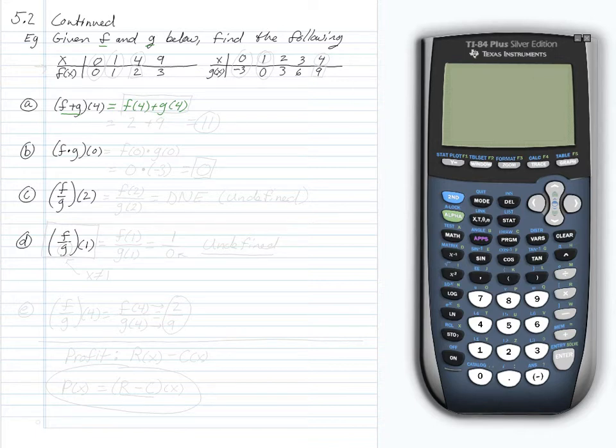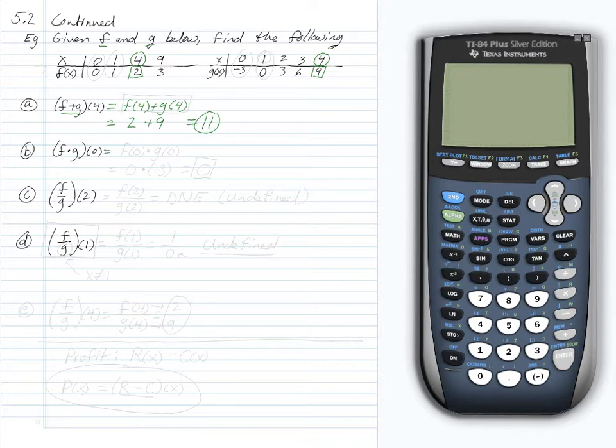F of 4 being our input, results in an output of 2. And g of 4, over here on my g table, if 4 is my input in g, 9 is the output. So our result is 11.